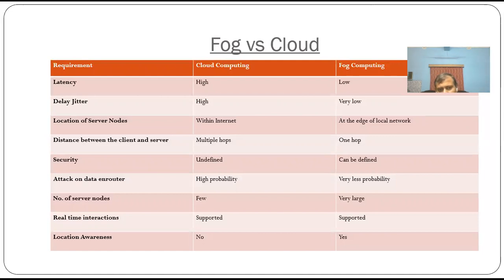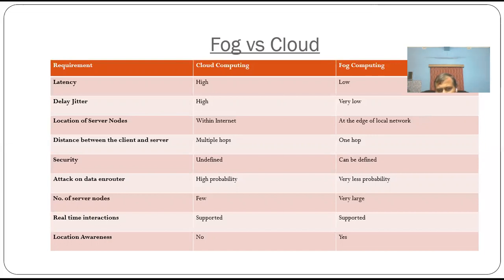Security. In case of cloud computing, the security is not totally visible to the end users or the customers at various places. For example, in case of private cloud, the end users have to be satisfied with whatever they are getting. They don't have enough say on the various security features provided in the cloud systems. But in case of fog computing, it can be defined in a more efficient manner. The next point is attack on data and router. It has high probability for cloud computing because the path that needs to be traversed is much larger compared to fog computing.